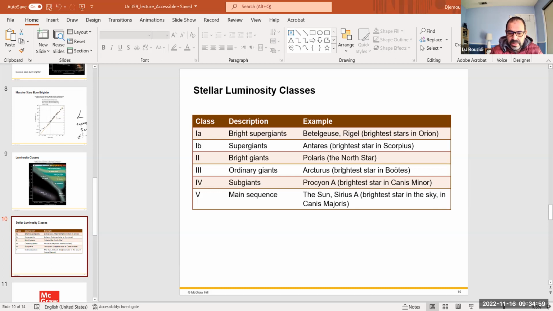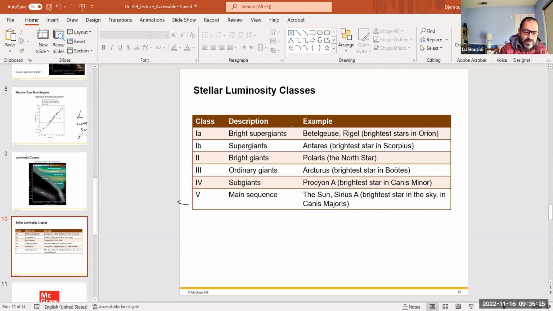And then you have the ordinary giants like Arcturus in Bootes. And then you have Polaris, which is a bright giant in classification 2, and 1A and 1B, those are the supergiants or the bright supergiants: Antares in Scorpius, and also Betelgeuse and Rigel in Orion. So these are some of the classifications.